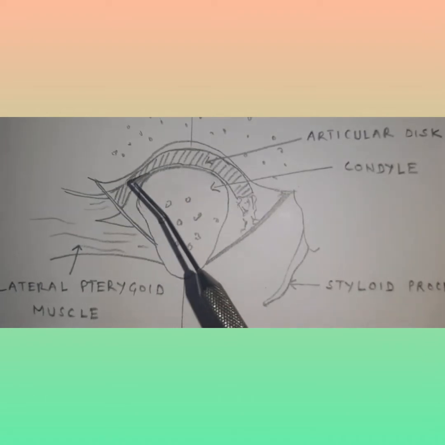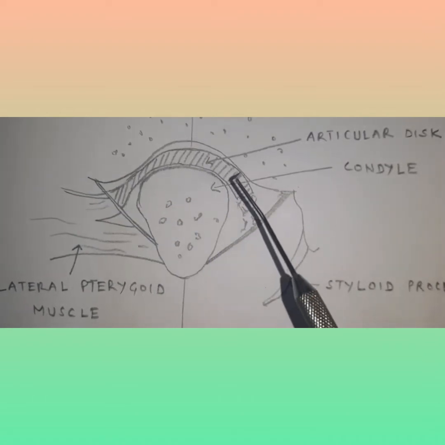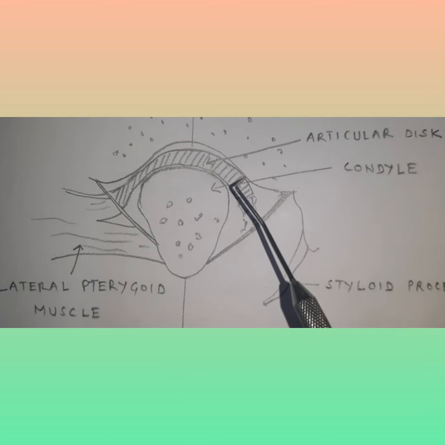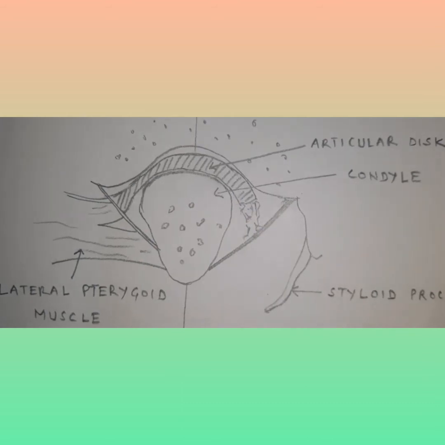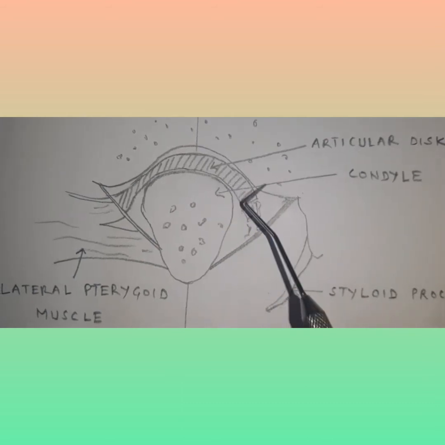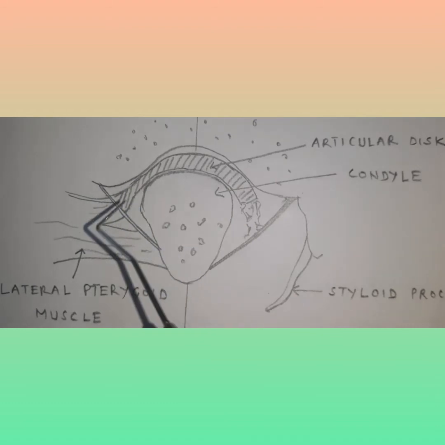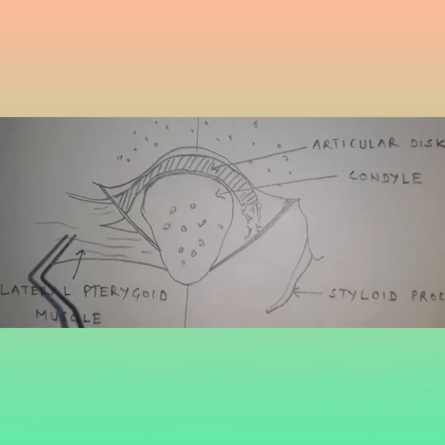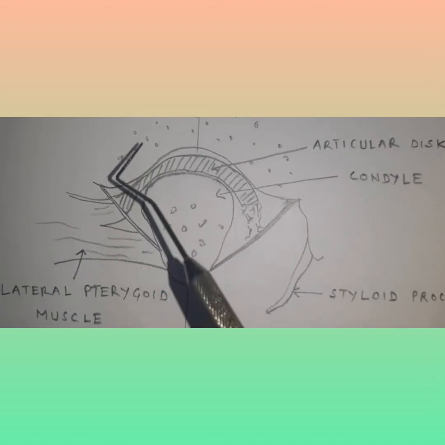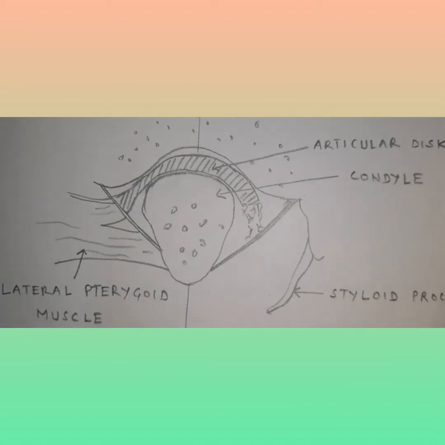This is the articular disc, this is the posterior band, and this is the anterior band. You have these ligaments, these are the fibers of the lateral pterygoid muscle, this is the styloid process, and this is the glenoid fossa. So this is in brief the anatomy.